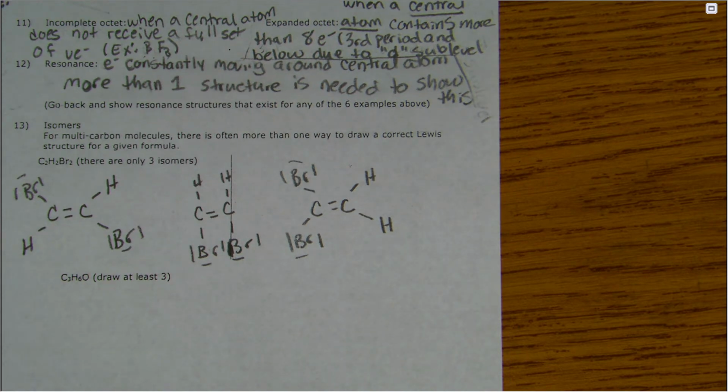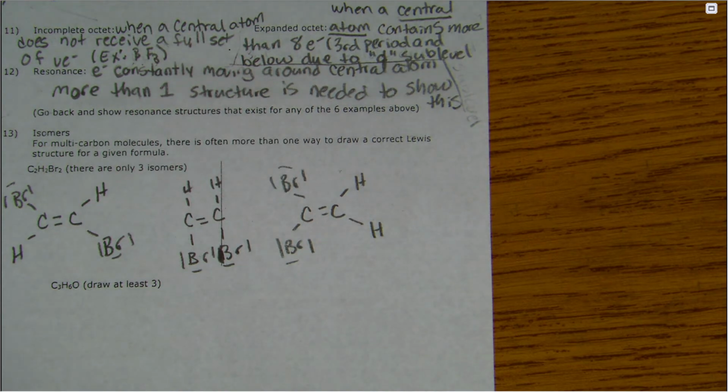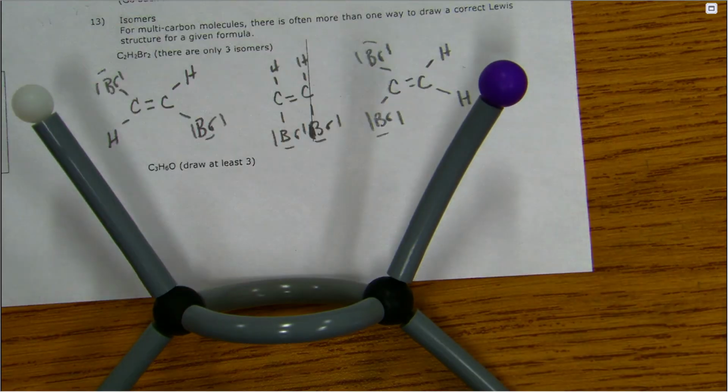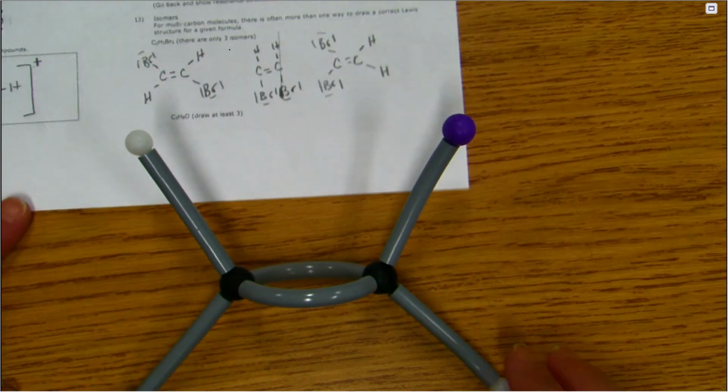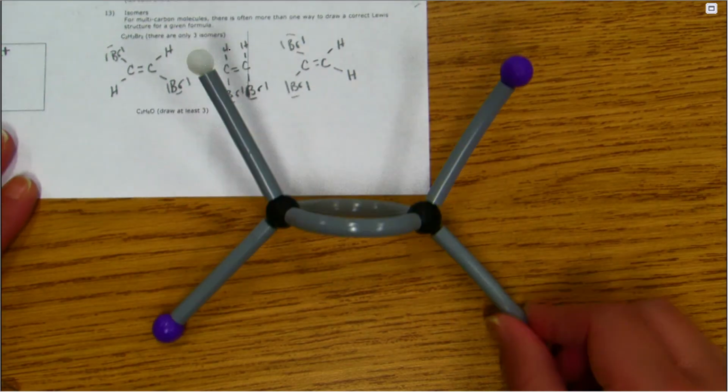All right, so let's look at the first one. I've got Brs going across from each other and the Hs going across from each other. And so here's my structure. Maybe I should zoom out a bit so we can see. Whoops, that's the wrong way. Okay. So here we go.